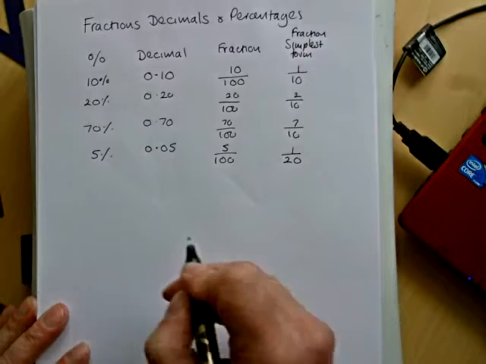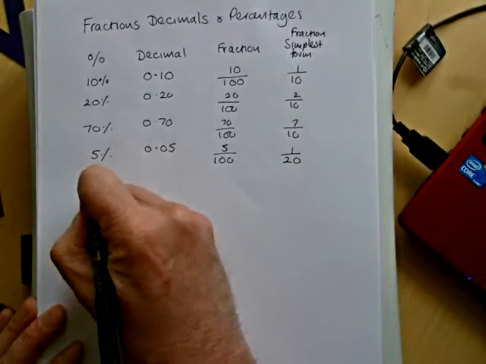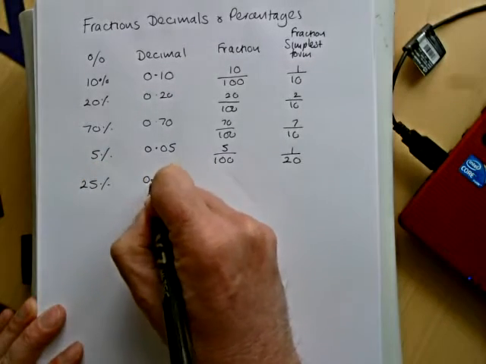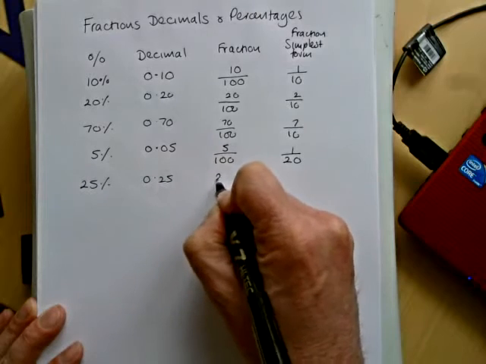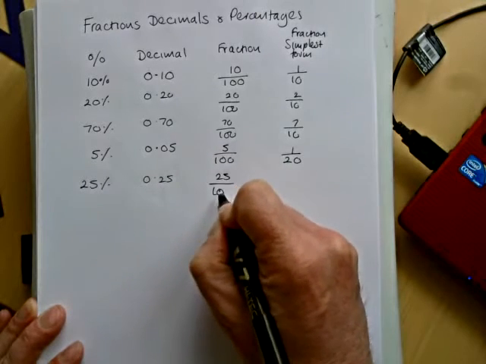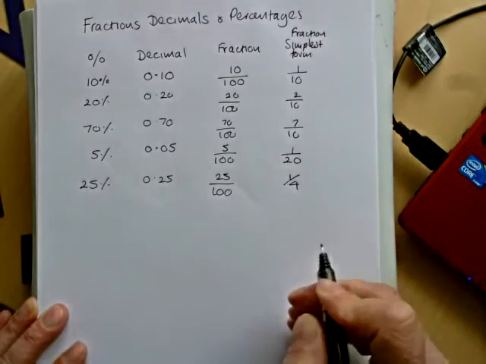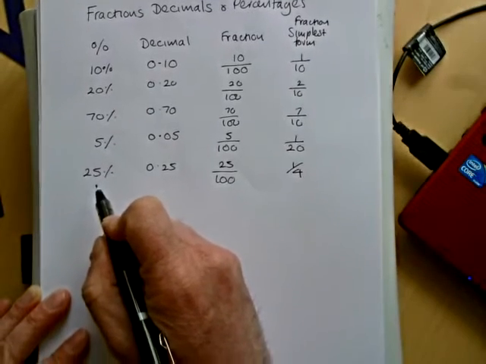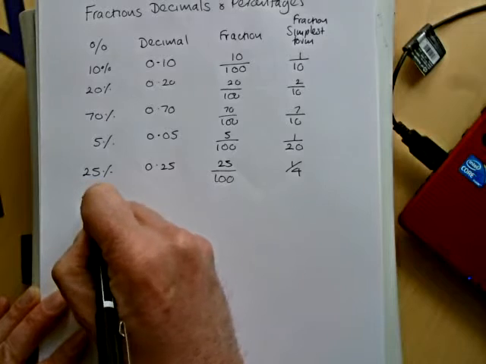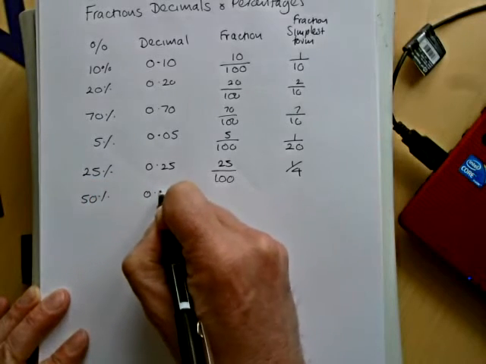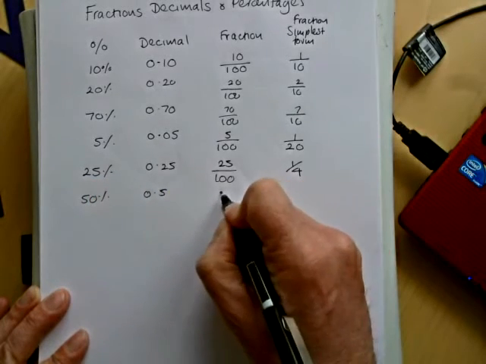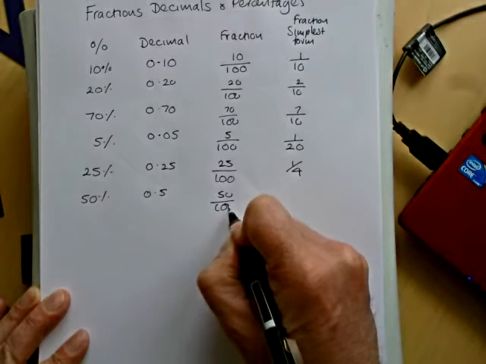So 25% is something we should know. 25%, 0.25, 25 out of 100, and that's a quarter. Multiples of 25%, so 50%, 0.5 or 50, 50 out of 100, 1/2.